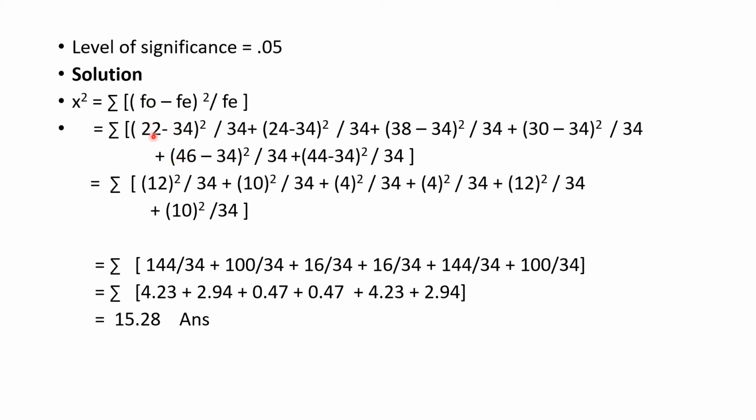Observed frequency 22 minus expected frequency, which we know is constant, 34, whole square divided by expected frequency 34, plus the second value, 24 minus 34 whole square divided by 34 expected frequency, plus now the third value, 38 minus 34 whole square divided by 34.